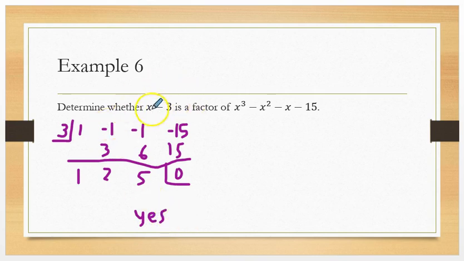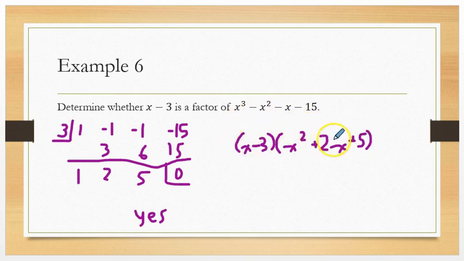Now what this really helps us do is this lets us take this bigger polynomial and break it down as x minus 3. That's what we tested. And then if you multiply it by what's left here, the x squared plus 2x plus 5, that means if you distribute these two things out, you're going to come back to the original polynomial.